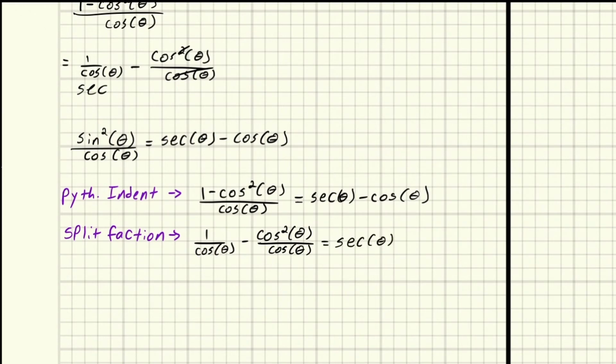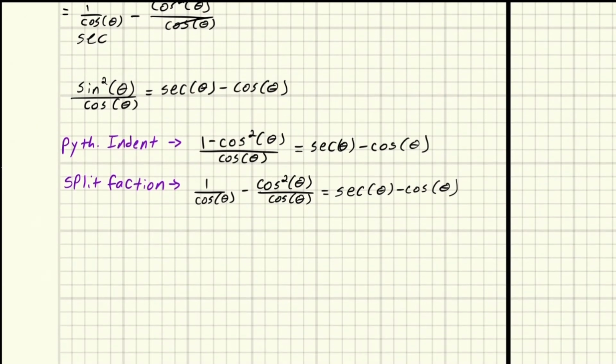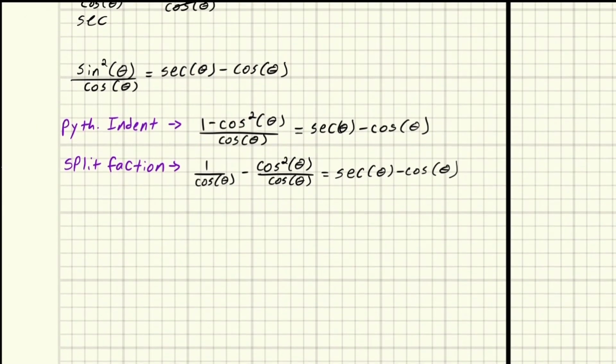So we see we're not touching the other side. We're using only rules that apply to one side so that we can show that this is indeed the same thing as this. Because if we started doing things to both sides, then we're assuming this equality already holds, and we can't assume that yet. We're trying to show that it holds.